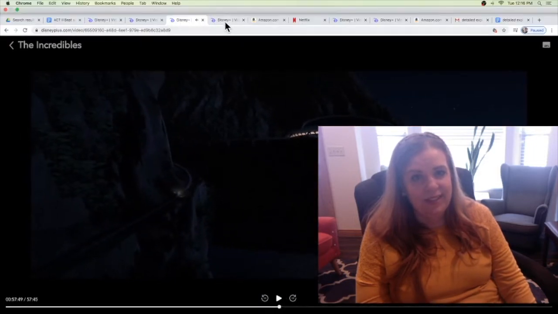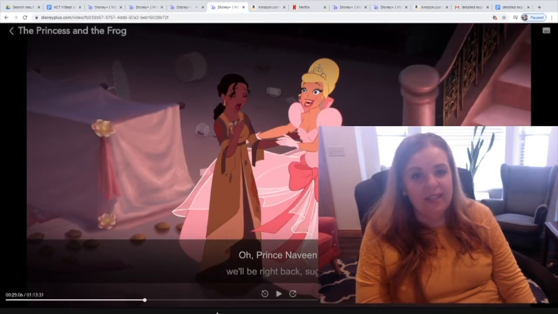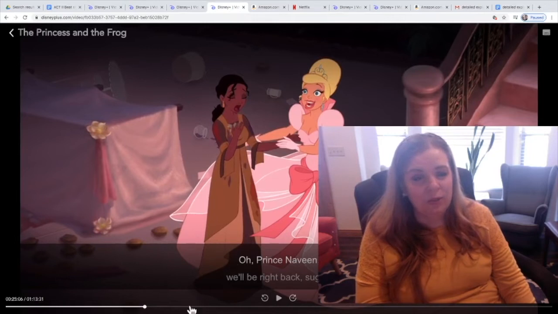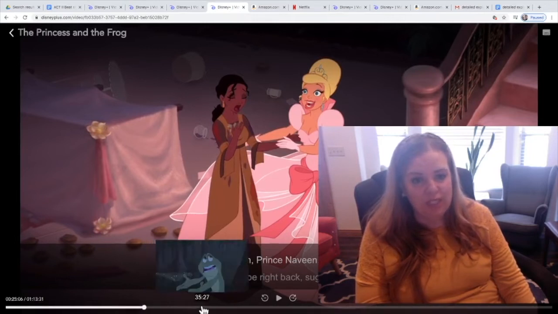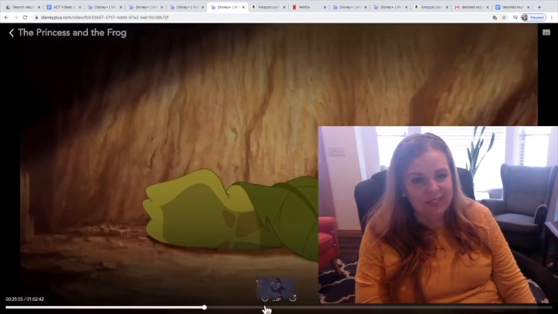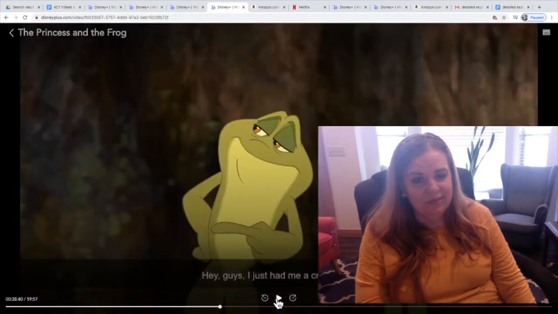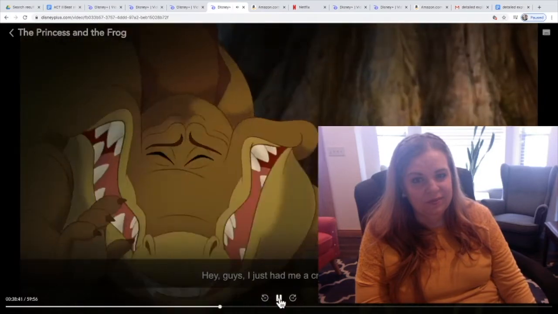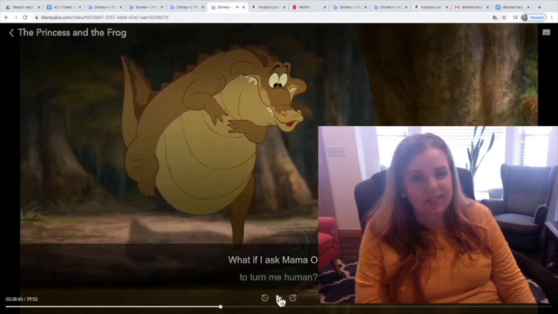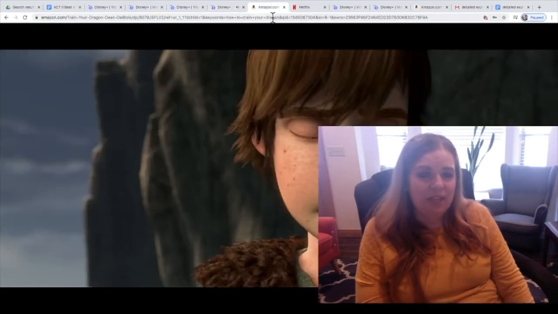It's exactly the promise of the premise. In The Princess and the Frog, I'm going to expect to see the two frogs on the bayou having a journey together. Yep. Hey guys, I just had me a crazy idea. What if I asked Mama Odie to turn me human? It's exactly the type of scene I would expect.